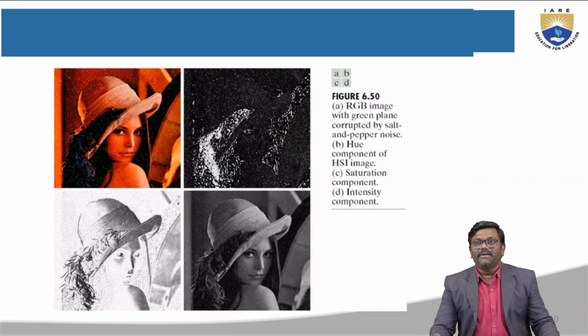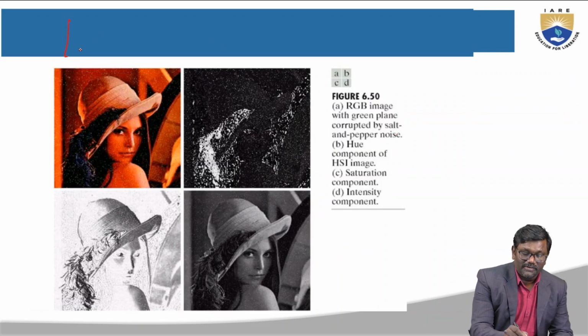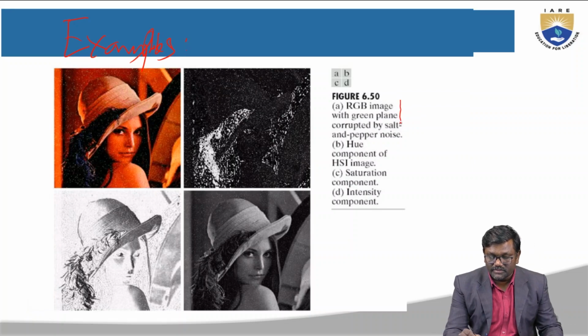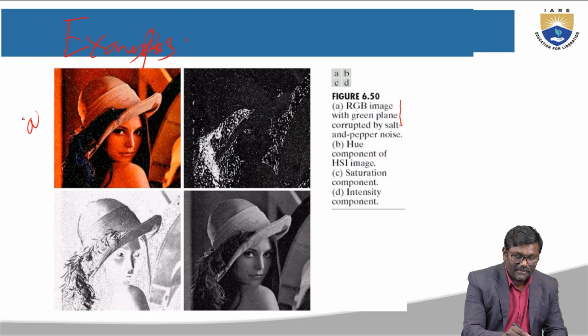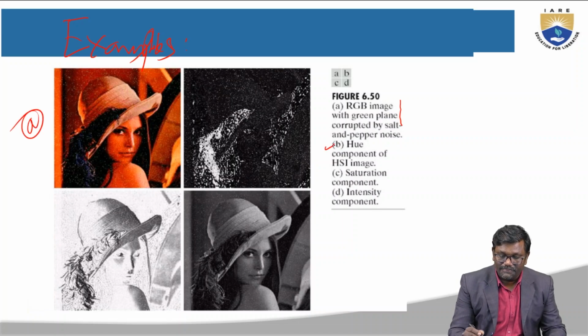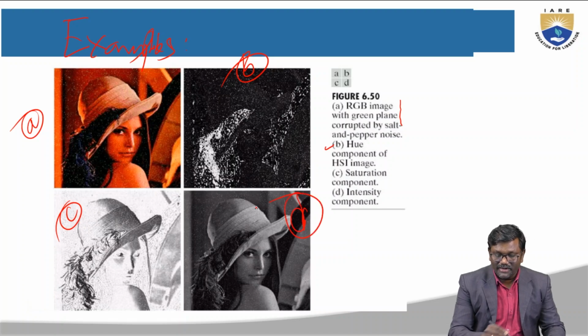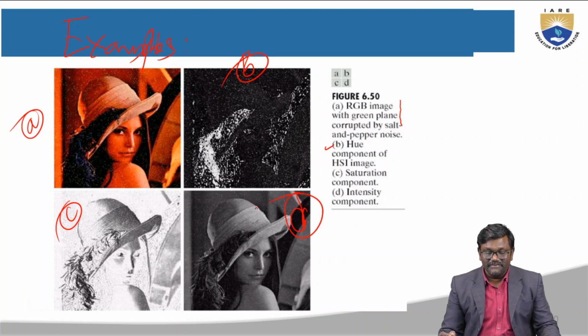For example, let us take other types of examples here. Number one, let us take the first one, that is A. Next we consider B, next C, next D. A is the RGB image with the green plane corrupted by salt and pepper noise.